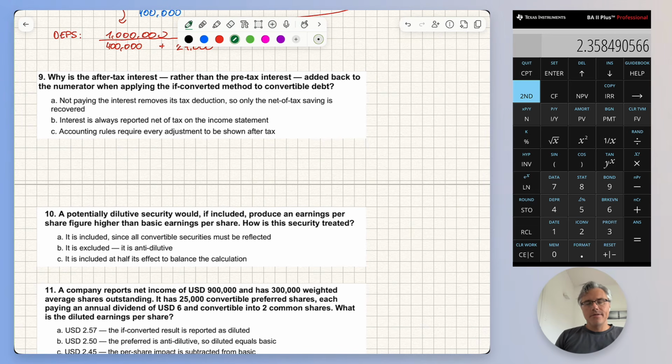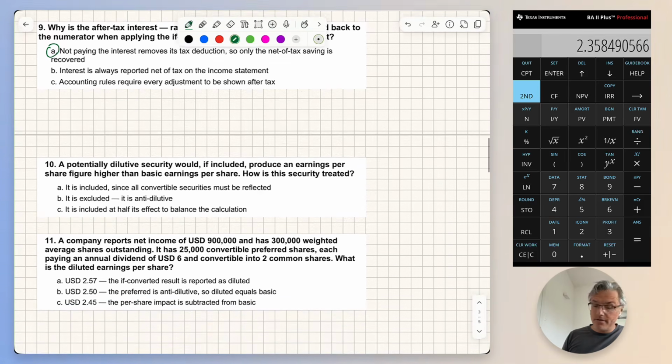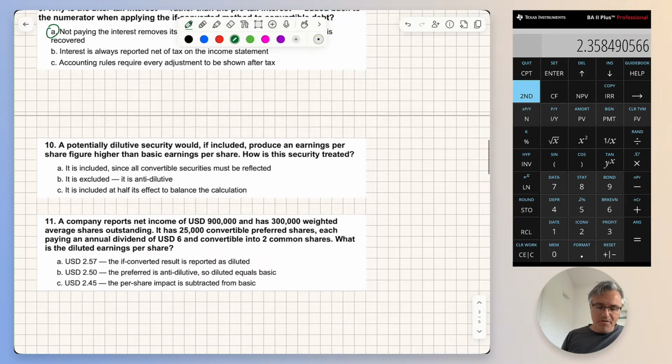So if you assume interest is no longer going to be paid, which is what you should assume if convertible bonds convert into ordinary shares, then you economize on the interest, but you lose the tax saving. Hence, answer A is correct. Not paying the interest removes its tax deduction, so only the net of tax saving is recovered. That's pretty much the answer.